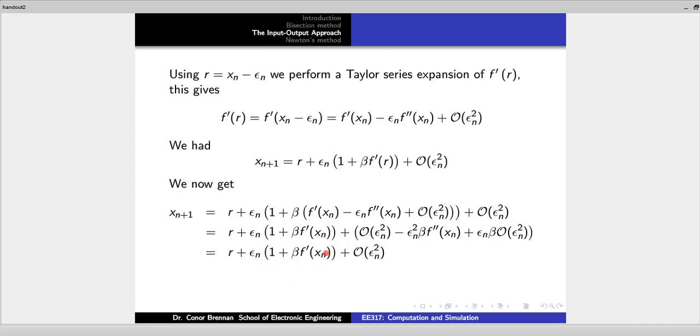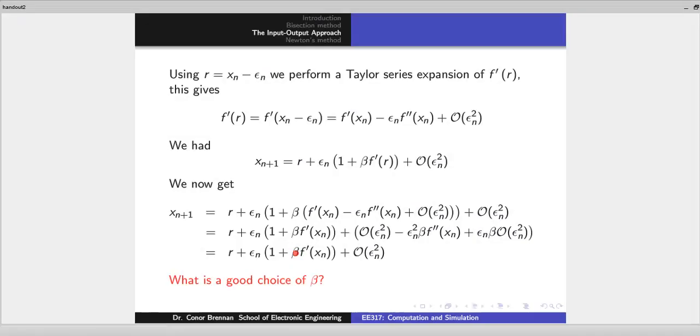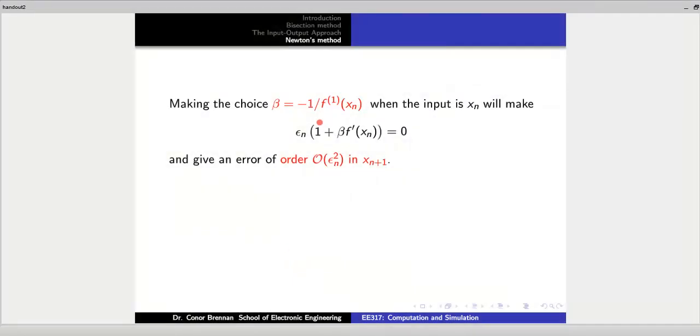So it would be great if we could choose beta to make this thing disappear. And we can. We can choose beta equal to minus 1 over f dash of x n. That will make this thing add to 0, which makes this term disappear, which solves our problem. With this choice of beta, this term goes to 0, and the error becomes order epsilon n squared.